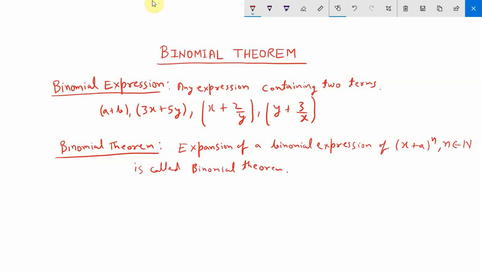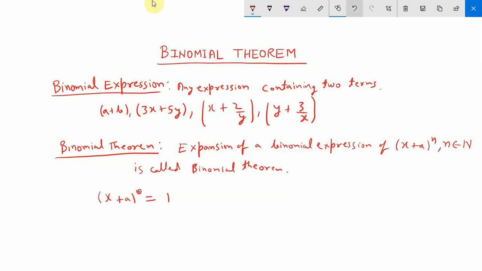So how to calculate or how to expand the binomial expression? See, if the formula is simple like x plus a to the power 0, we know it will be equal to 1.